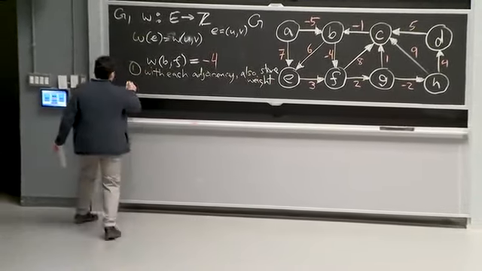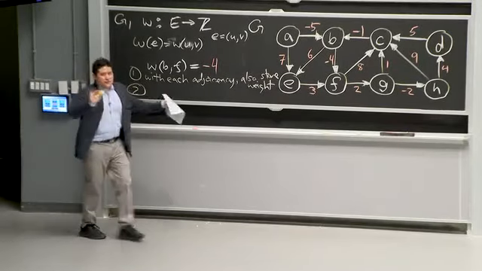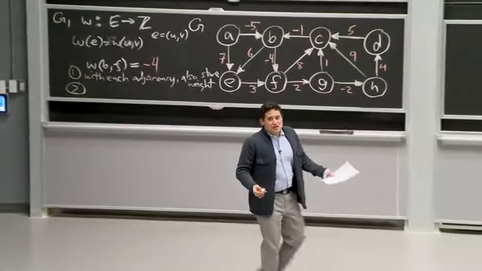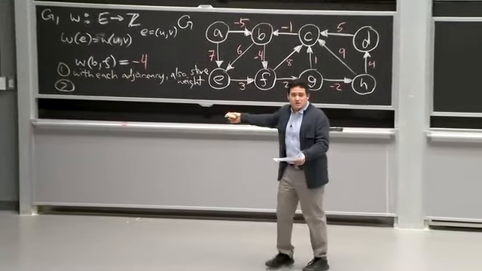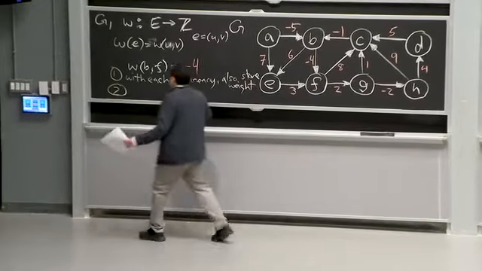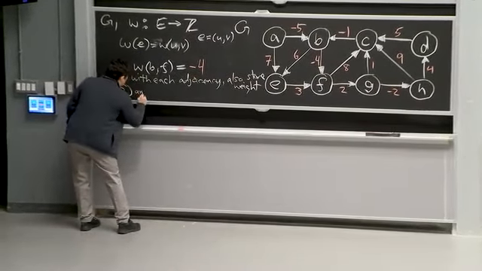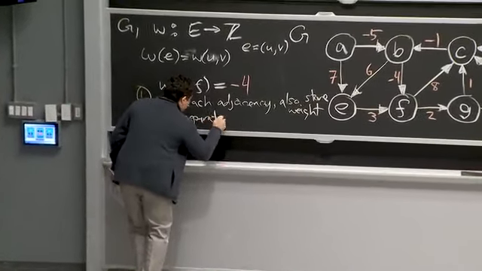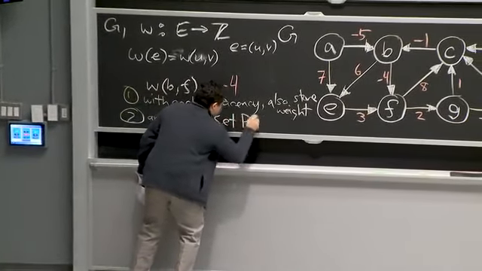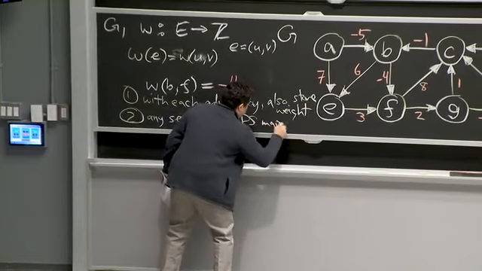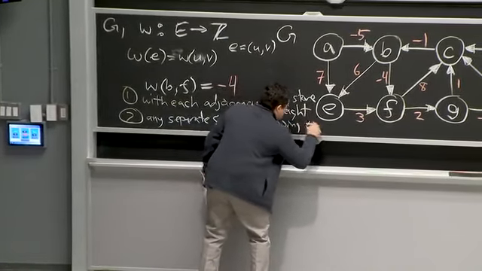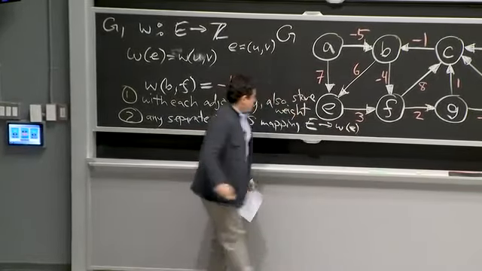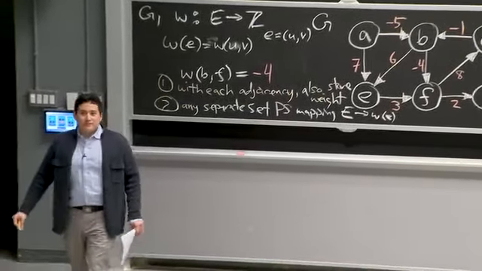A second way, instead of trying to modify our graph structure that we gave you before, is to just have a dictionary of all the edges mapping to their weights. And we already know how to do that: any separate set data structure mapping edges to their weights. Bad notation, but you get the idea.